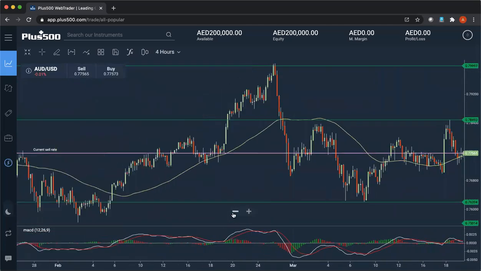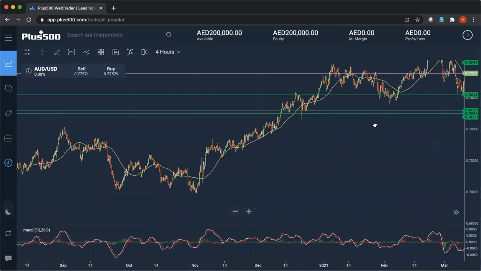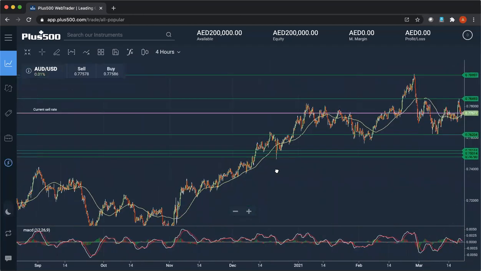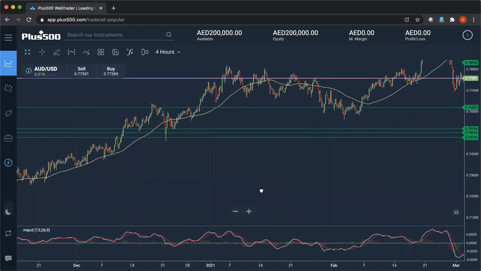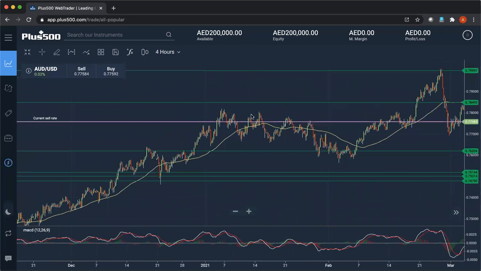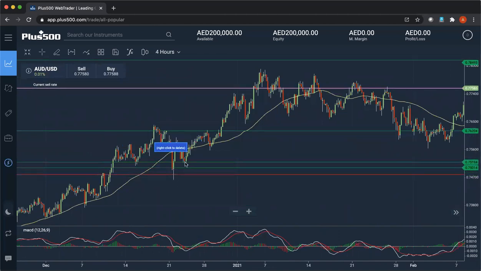Now in the 4-hour chart, it's interesting, right? So we were here. This is what we were discussing right now. Can you see here these 3 lines that I put as a support area? In this support area, you can see how the price is reacting to different IPLs.